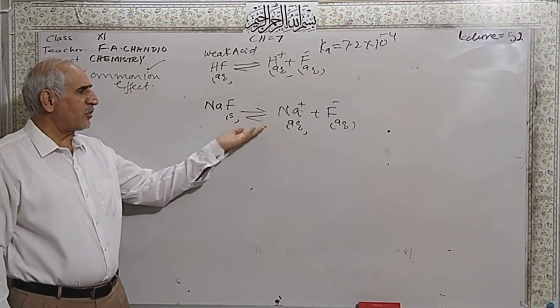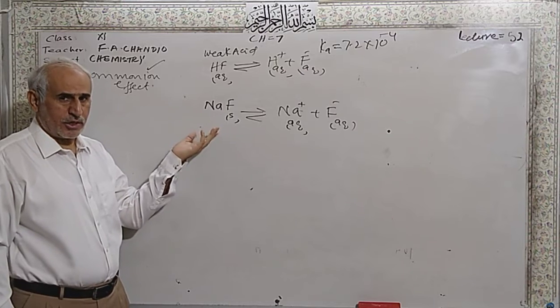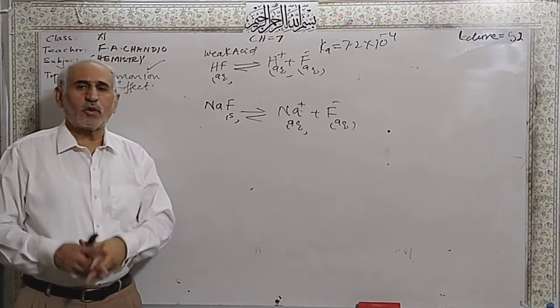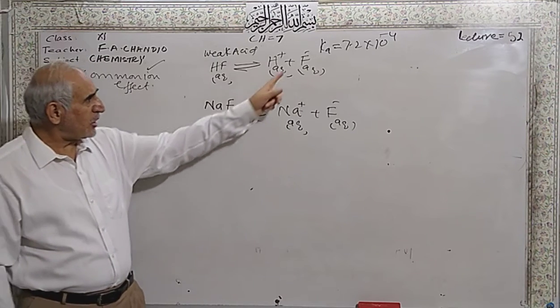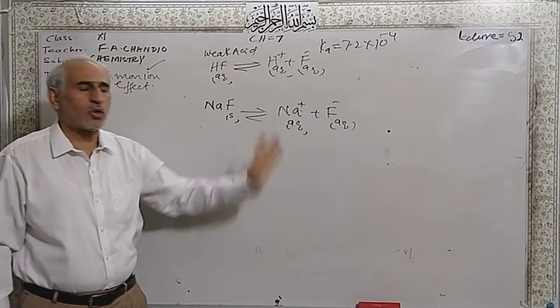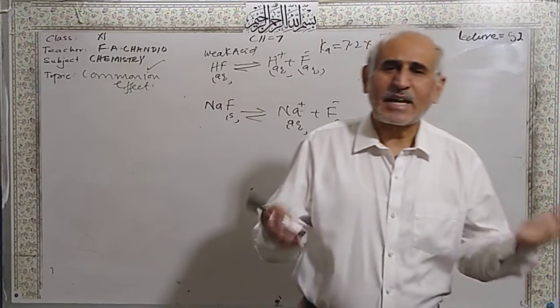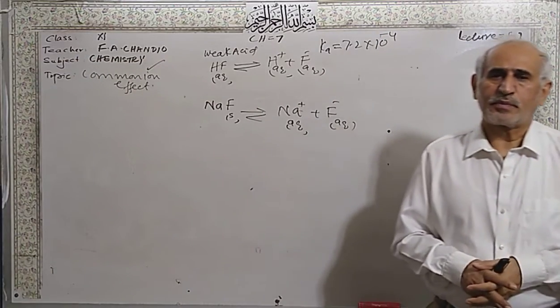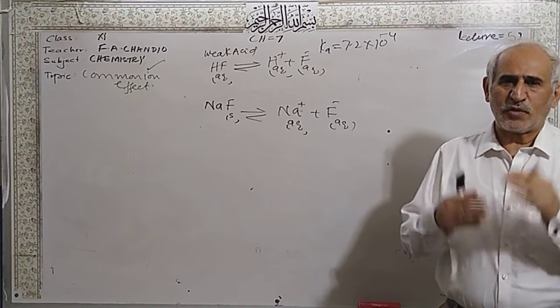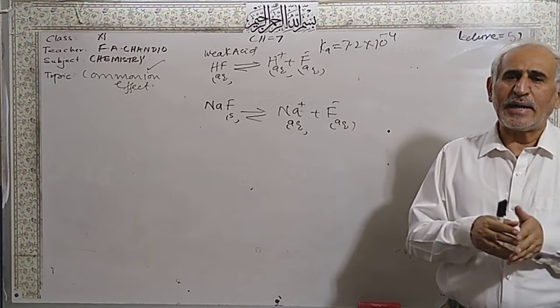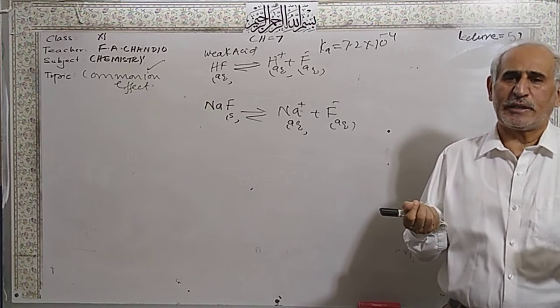It is highly soluble, highly dissociated, and it gives sodium ions and fluoride ions. You are seeing the fluoride ion in both. So fluoride is a common ion.